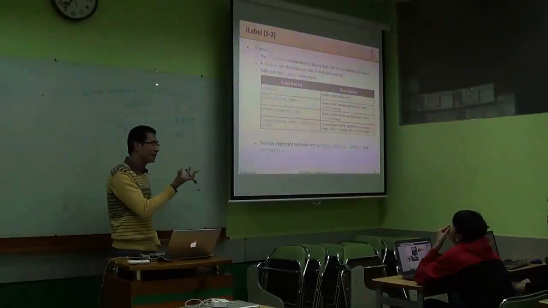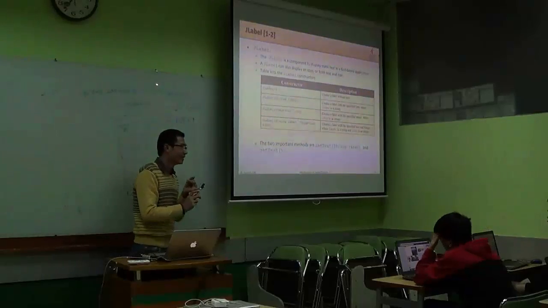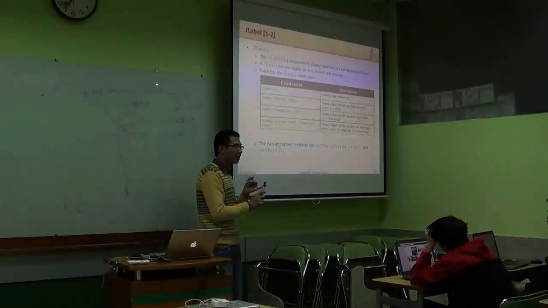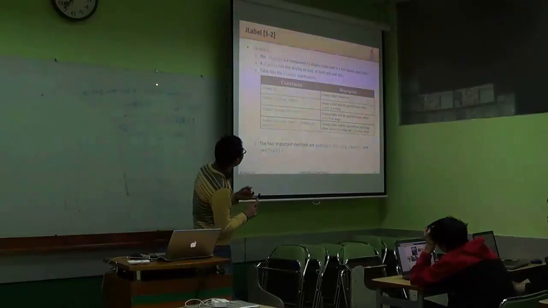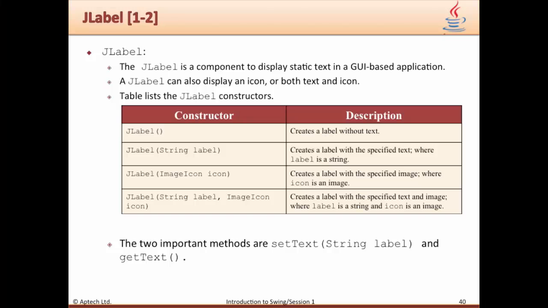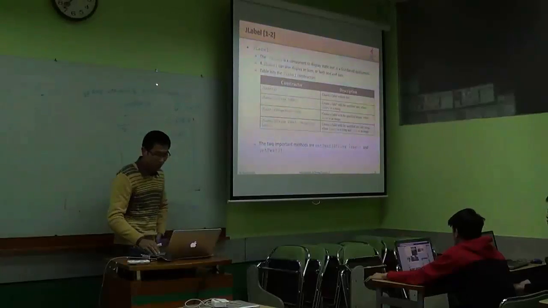For displaying, of course, displaying what? Text. Later on you're going to compare it with JTextField. What's the difference between JLabel and JTextField? JLabel can display static text or icons or images, that's fine. But JTextField is for receiving input.